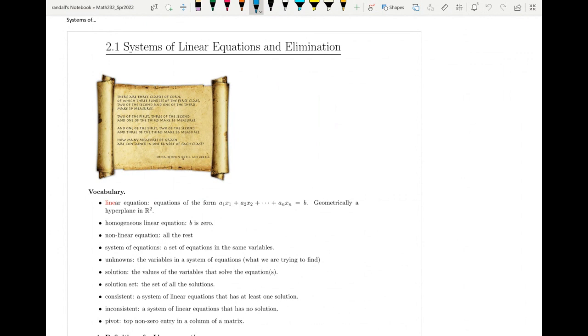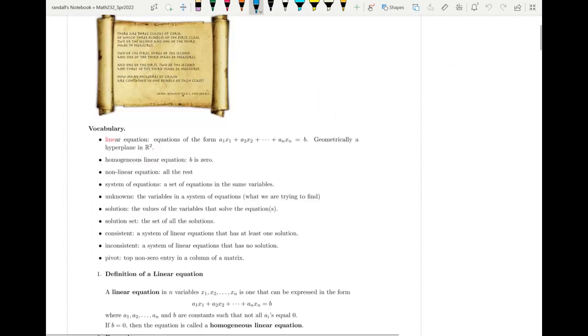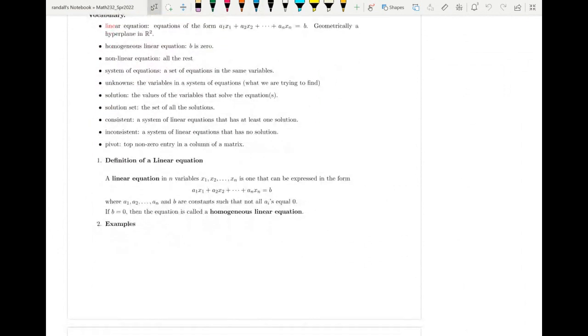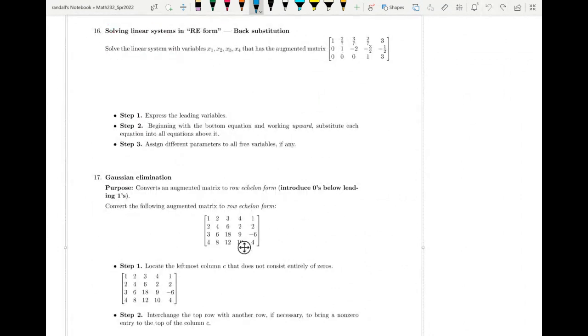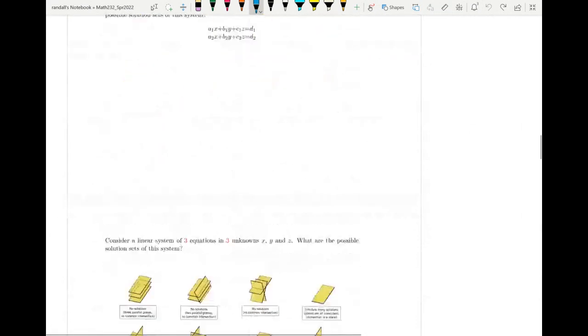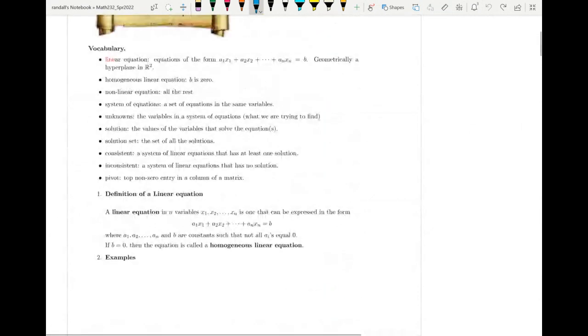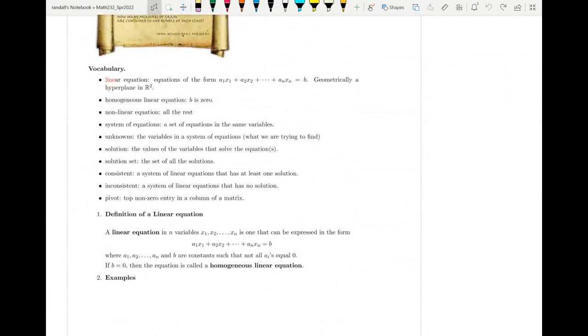So let's start talking about what a linear equation is. A linear equation depends on the number of variables. So we have a linear equation in n variables.